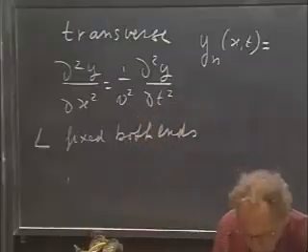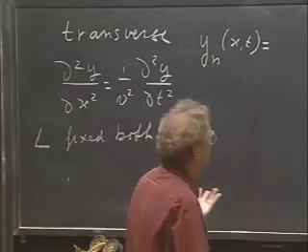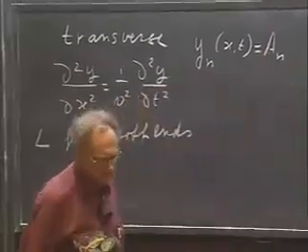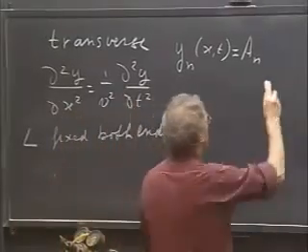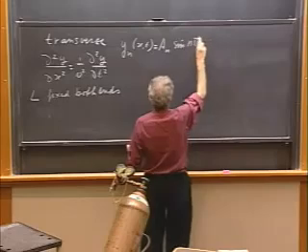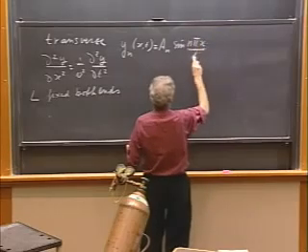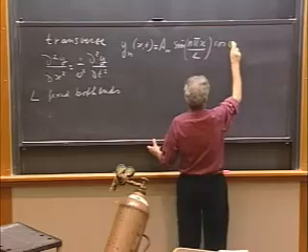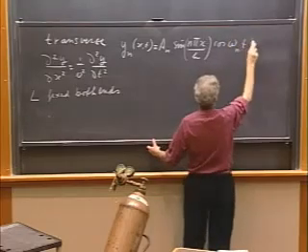We give the amplitude of the nth mode a value that can differ from mode to mode. So we get A_n, and then the sine of n pi x divided by L, and then the cosine of omega_n times t.